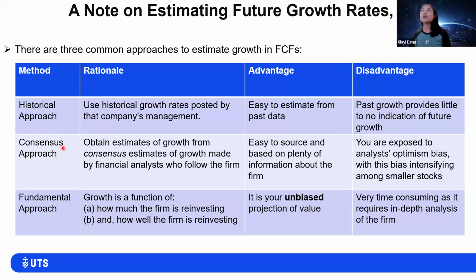The second approach is the consensus approach, where we can use the estimates from analysts and simply take the average of their forecasts. But the thing with financial analysts' forecasts is that they usually have optimism bias. Why is that the case? The fundamental reason behind the optimism bias is that they have career concerns.